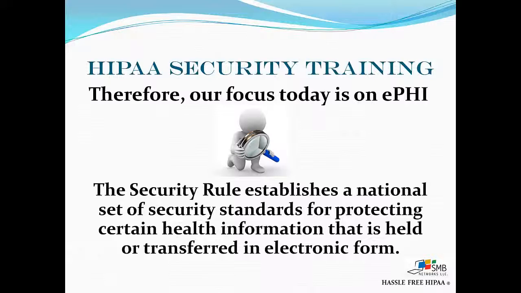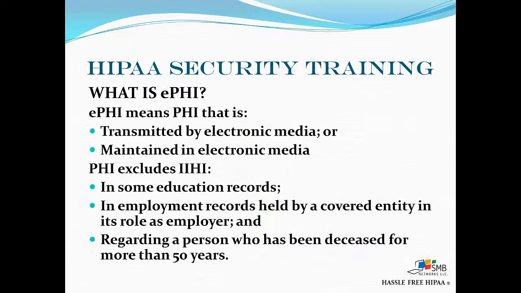So our focus today is on ePHI, Electronic Protected Health Information. The security rule establishes a national set of security standards for protecting certain health information that is held or transferred in an electronic form. So, what is ePHI? ePHI is a subset of protected health information that is transmitted by electronic media or maintained in electronic media.